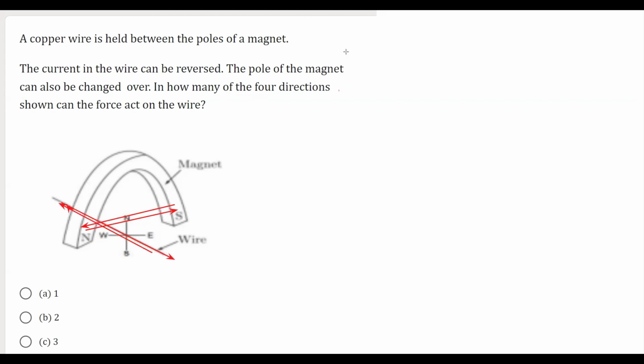So what we know on reversing the direction, let's say if I write C for current, M for magnetic field, and F for force. Just changing the direction of current will change the direction of force, but it does not move at any angle. So if the force is in this direction, the force will become in this direction.